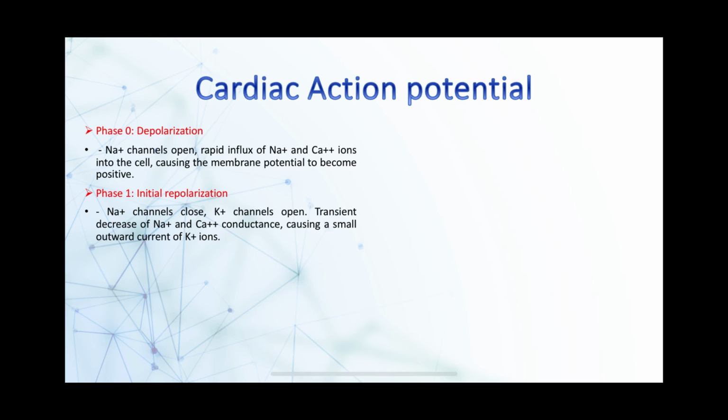Potassium channels open. Transient decrease of sodium and calcium conductance, causing a small outward current of potassium ions. Phase 2. Plateau. Sustained balance of calcium influx and potassium efflux, maintaining the membrane potential at a high level.